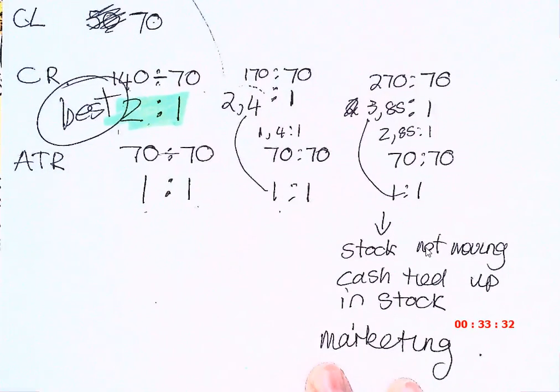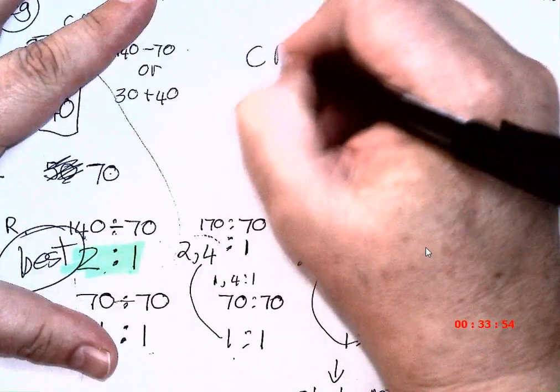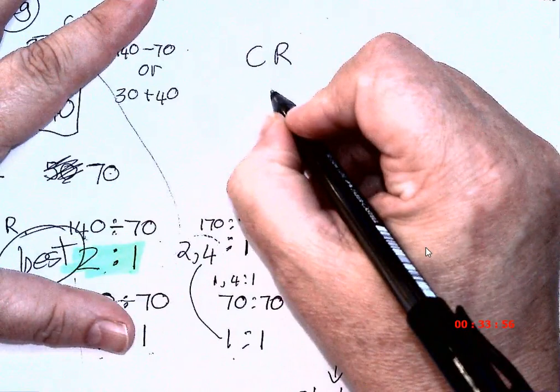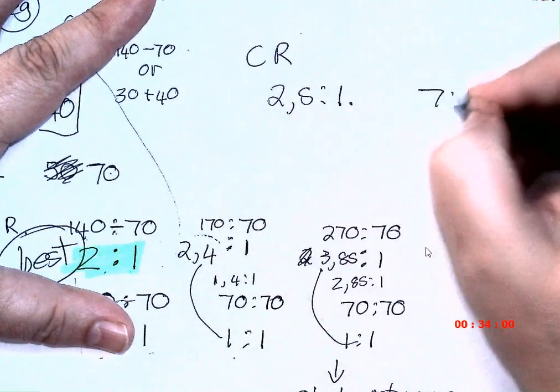You never really want your stock to be more than double your liquid assets. Okay? But you're not going to write that down in a paper. This is just for you to measure if it's good or bad. So, they're going to give you something like this. Let's say I give you a current ratio, 2.5 to 1, 7 to 1. Which one is better?